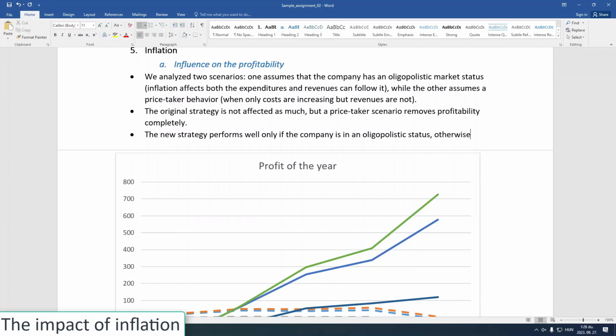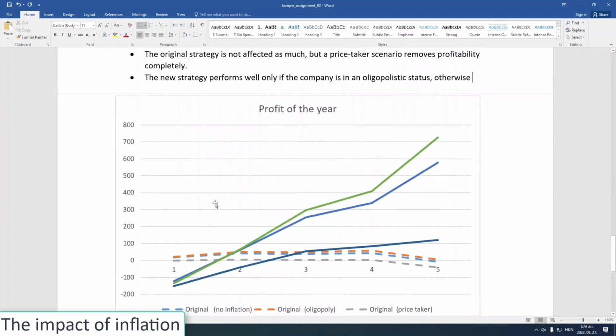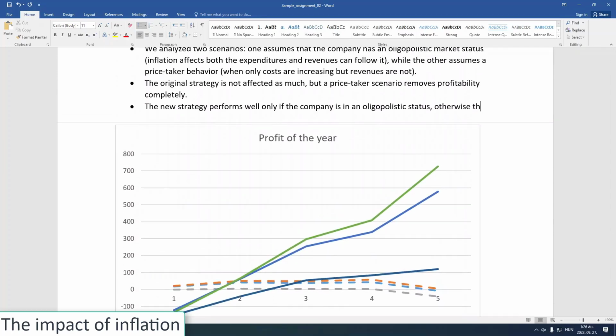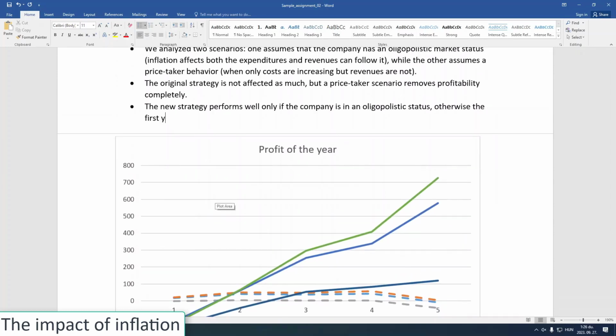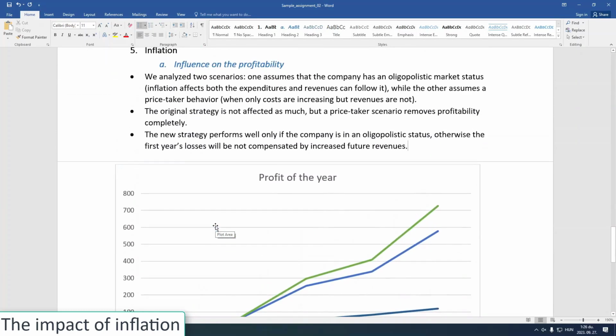Otherwise, the first years' losses will not be compensated by increased future revenues, because practically our profit margin will be destroyed by inflation. So this is the sad reality.